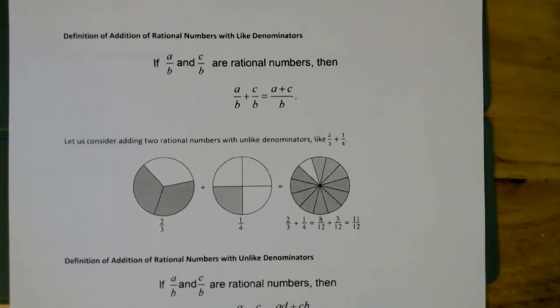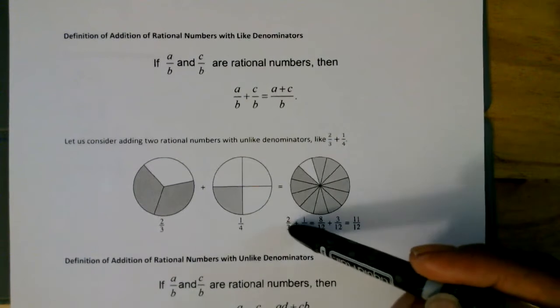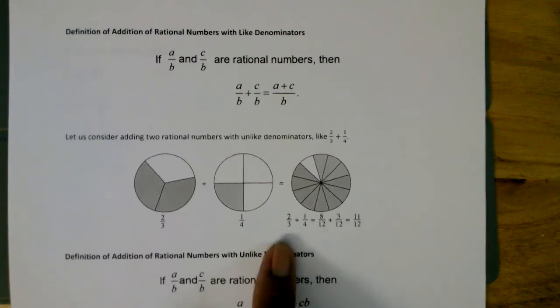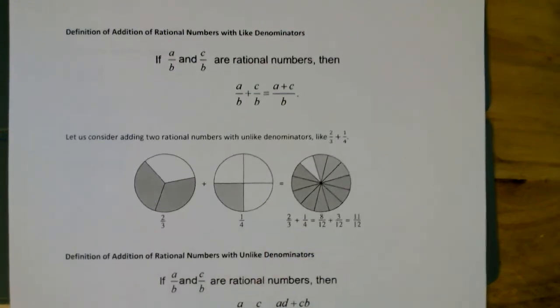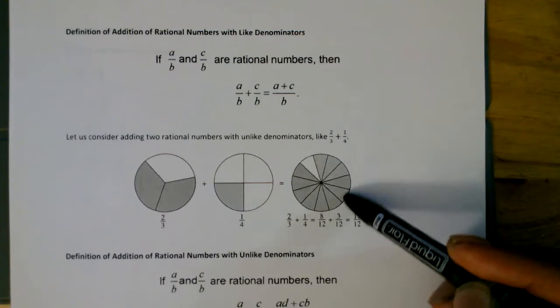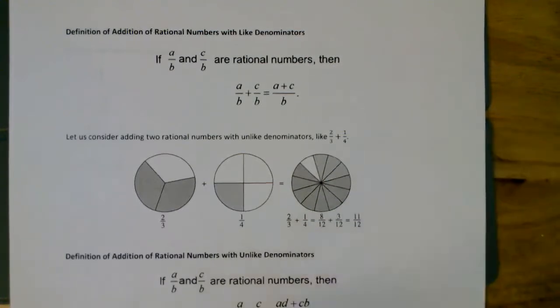In other words, we have to find what they call a least common denominator, or in this case, multiply your denominators, like 3 and 4. Multiply those 2, you'll get 12. So 8 twelfths and 3 twelfths will give you 11 twelfths, which is represented here. 12 equal parts, 11 of those 12 parts are shaded.